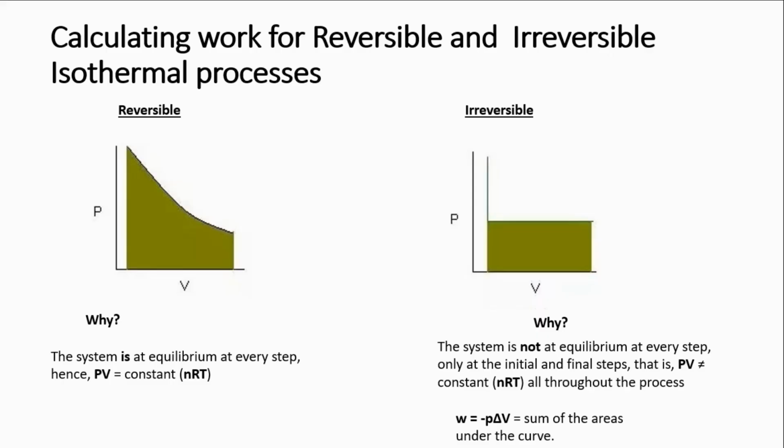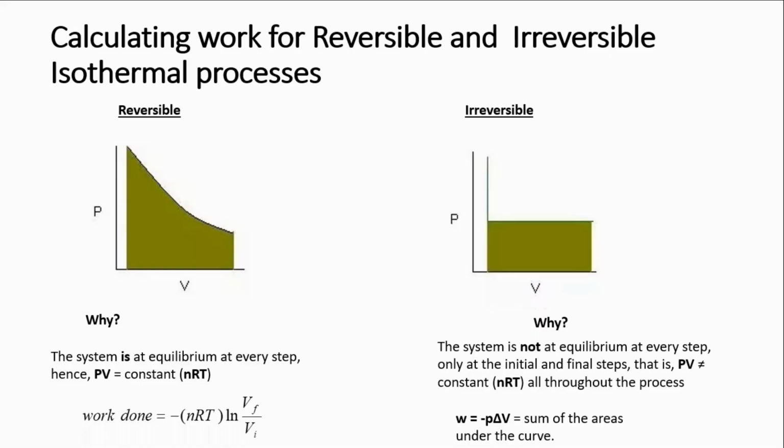Now, to calculate the work done by a gas under irreversible conditions, the work is equal to minus P delta V, which is basically the area beneath the curve. For the reversible system, we have to do something else to determine the work.